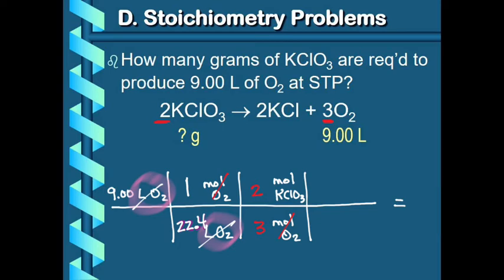I'm left with moles of KClO3, which I have to keep going because I'm trying to get to grams of KClO3. So, again, those units are repeated here at the bottom because I've got to get rid of them. And I am moving from the central box, which is moles, out to the left, which is grams. So, grams is going to be right up here at the top. And if you look back at your numbers there, the number that goes with grams is from the periodic table.